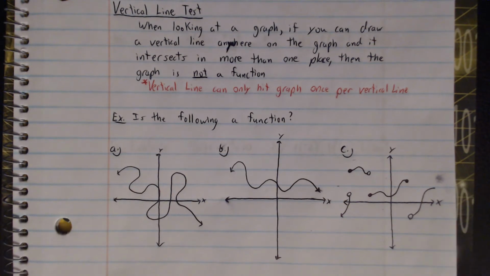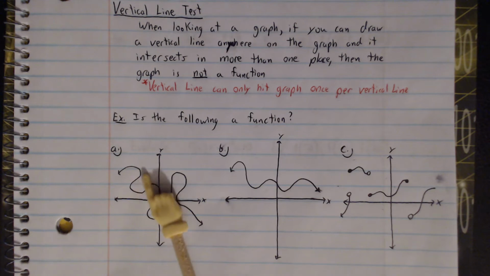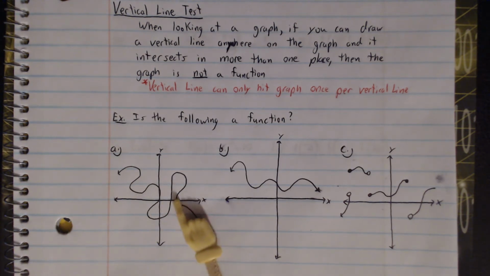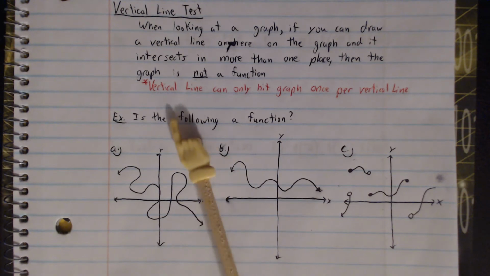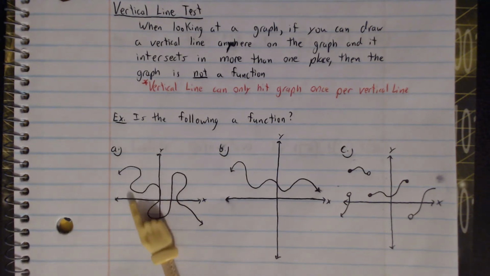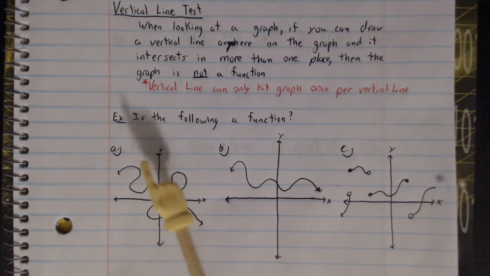Okay, so here we have some sort of relation, right? And we follow it along. This is the relation that we're checking right now. What the vertical line test says is that if I were to draw a vertical line and it hits more than once on this particular relation, it's not going to be a function.